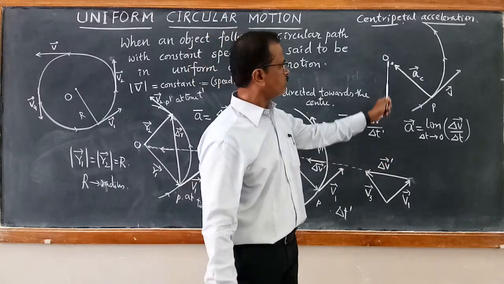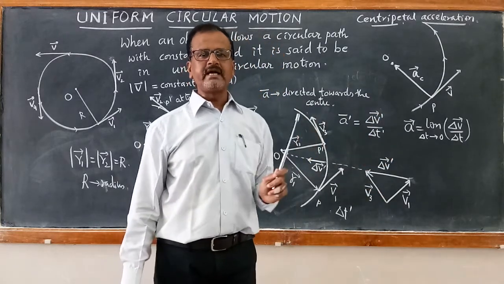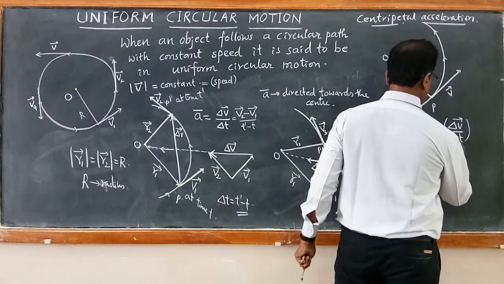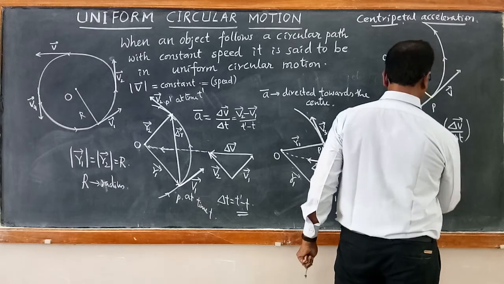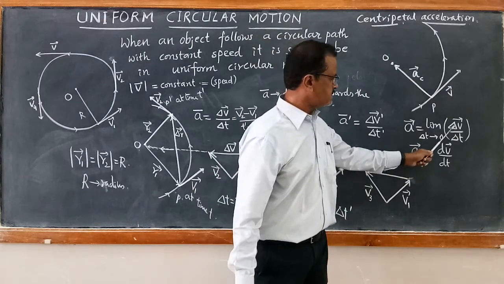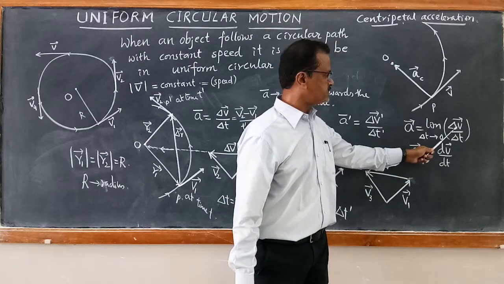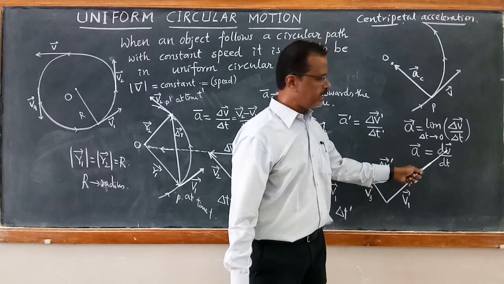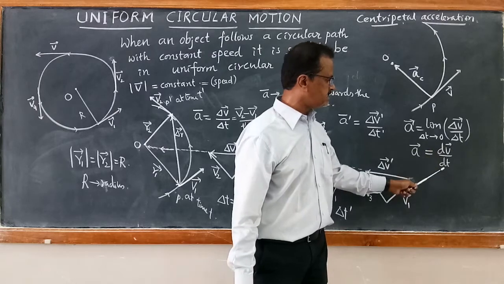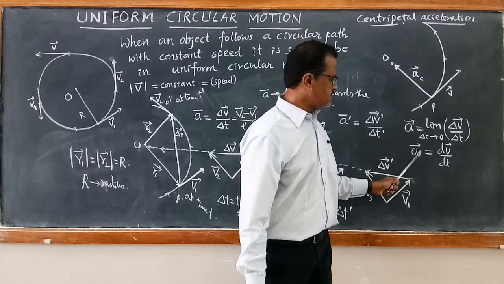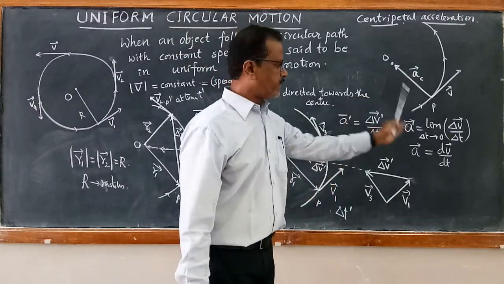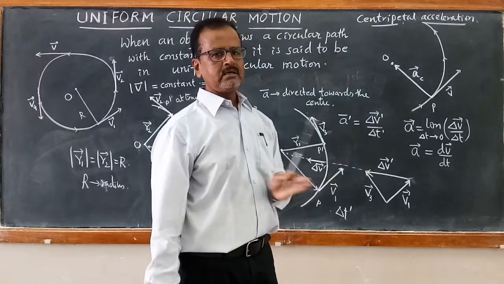This is directed towards the center, therefore it is called centripetal acceleration. This can also be written as dv vector by dt, which is the acceleration vector. The meaning is that an exceedingly small change in velocity vector is dv, and an exceedingly small time interval, delta t tending to 0, is written as dt. So this is how we define instantaneous acceleration as the limiting value of average acceleration as the time interval tends to 0.